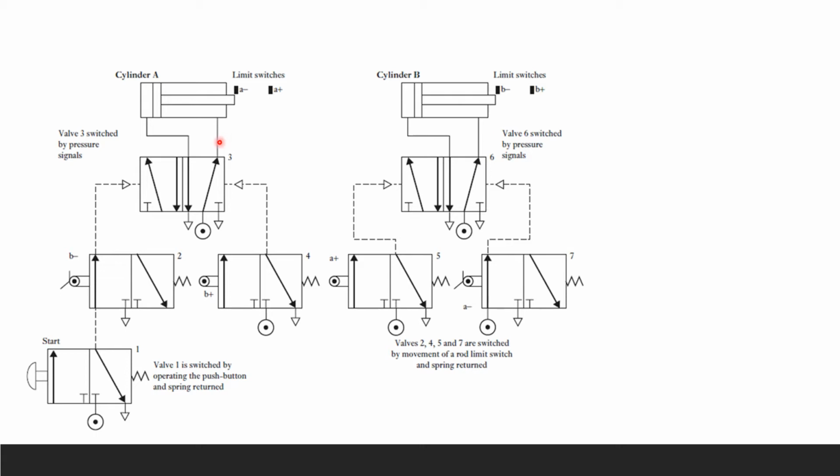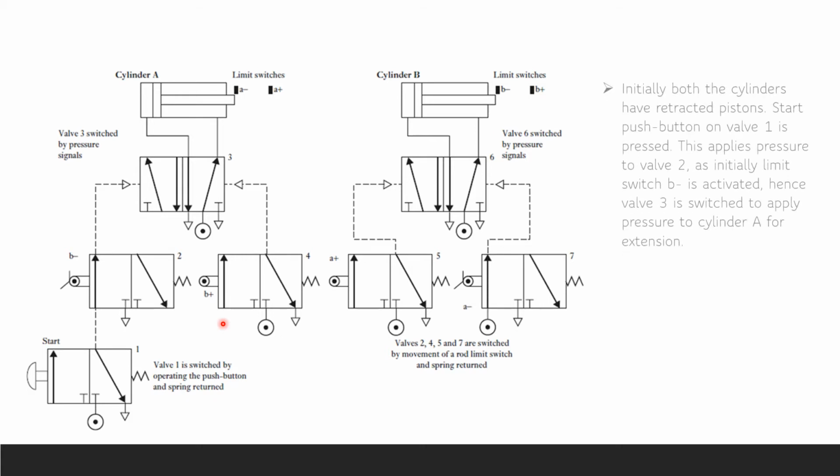So using the conventional symbols, the sequence would be A plus, B plus, A minus, and finally B minus. The given figure shows how this sequence can be achieved using various valves as well as the switches.